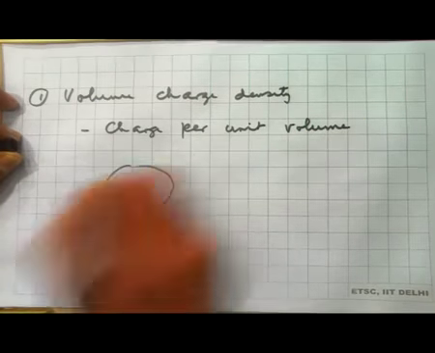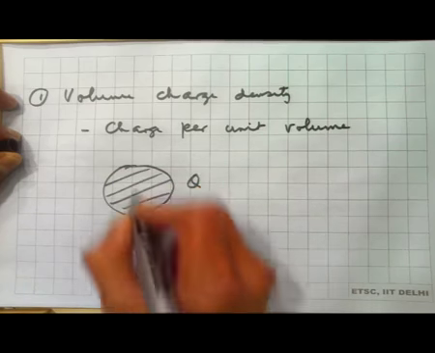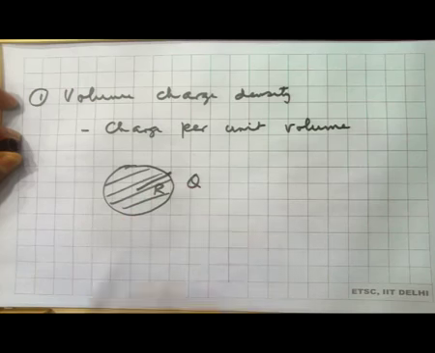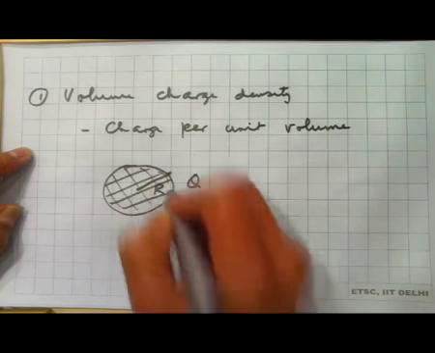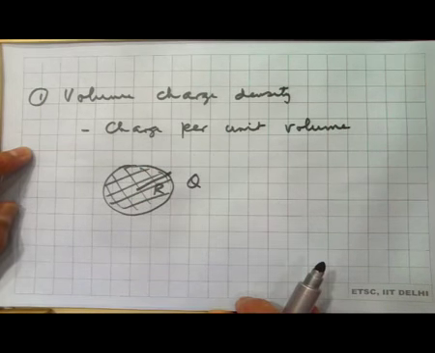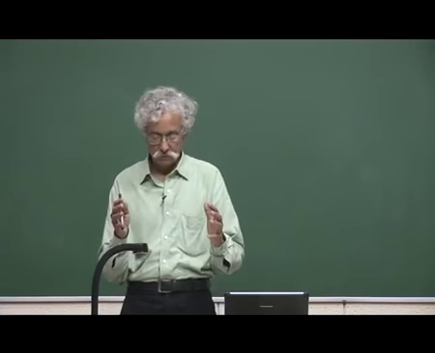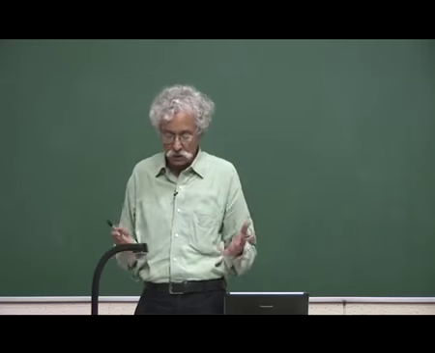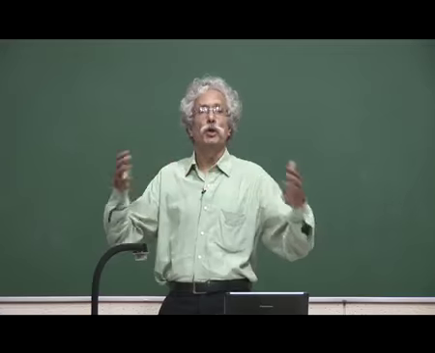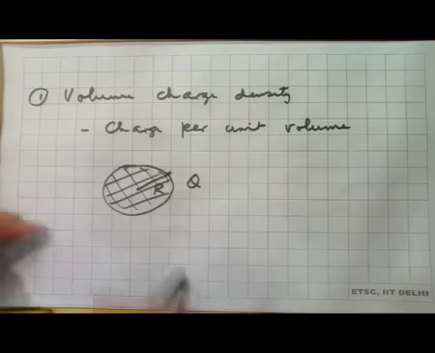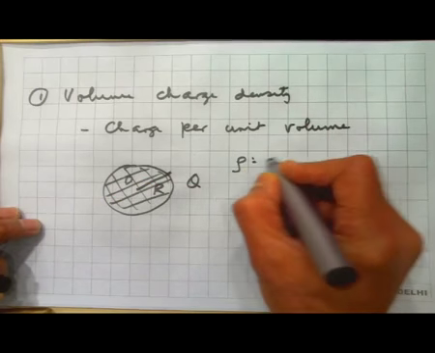I have a sphere of radius r in which a charge of capital Q is distributed uniformly throughout the volume of the sphere. It is like having uniform distribution of mass in a sphere. So, charge is another characteristic of a particle. So, I have charge distributed uniformly. I take a small unit volume inside and I can define this as the charge per unit volume.